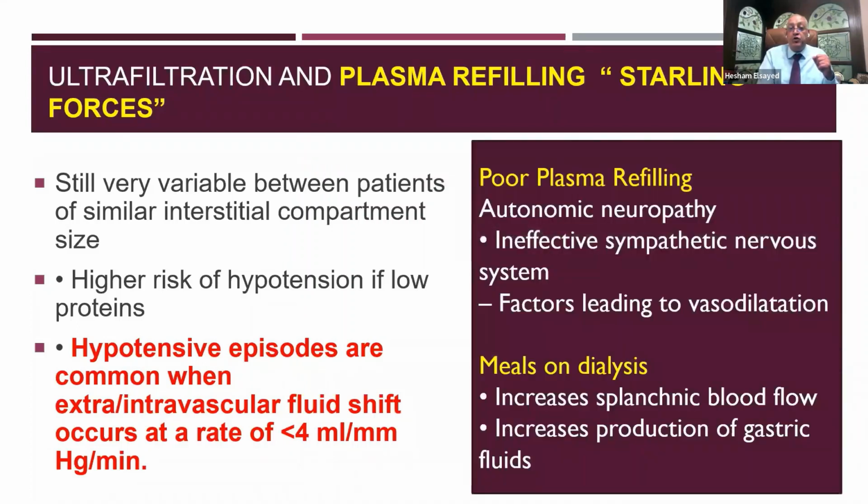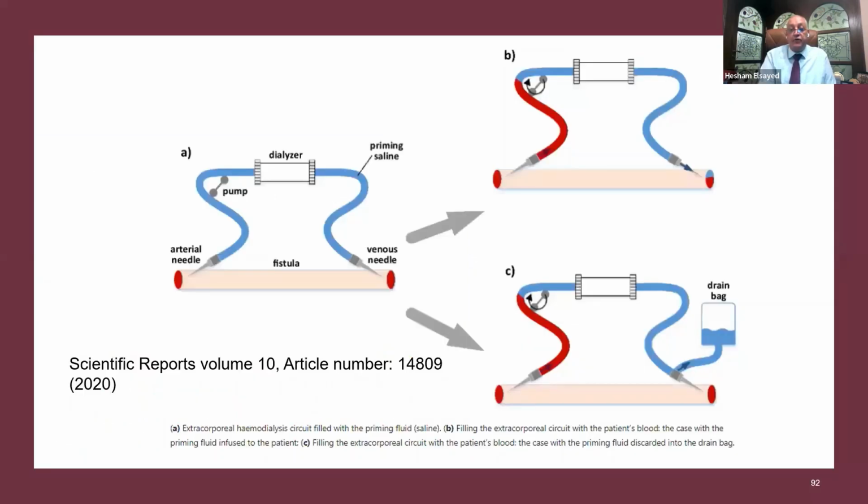So ultrafiltration with poor plasma refilling, like in autonomic neuropathy, with an ineffective sympathetic nervous system, is a factor leading to vasodilatation; meals on dialysis increase splanchnic blood flow and increase production of gastric fluid.